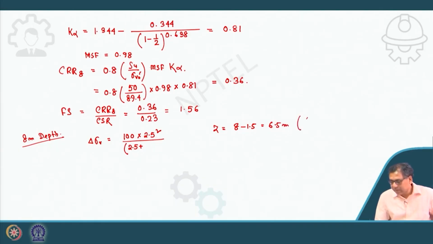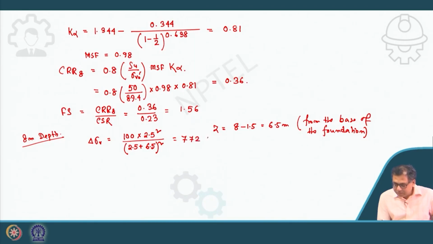Z is from the base of the foundation. So it is 6.5 meter whole square. So it is coming out to be 7.72. So you can see that 100 kPa stress has come down to 7 kPa only at 8 meter, but still some effect is there.